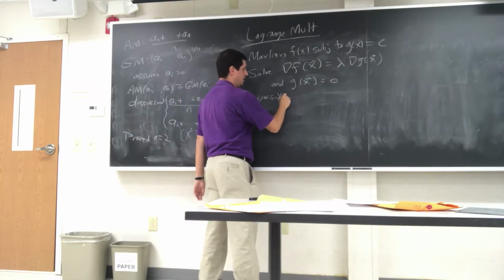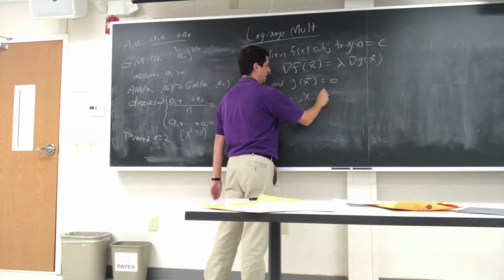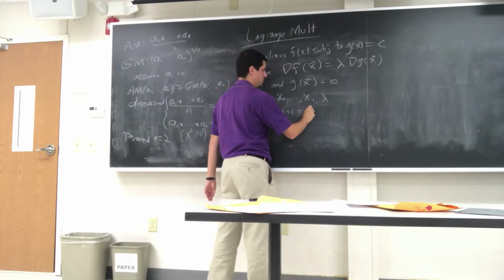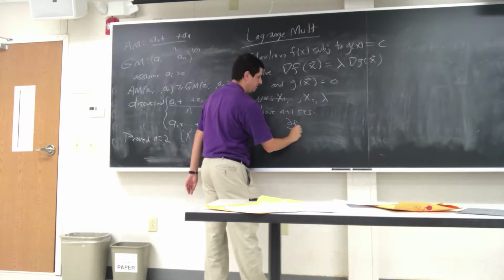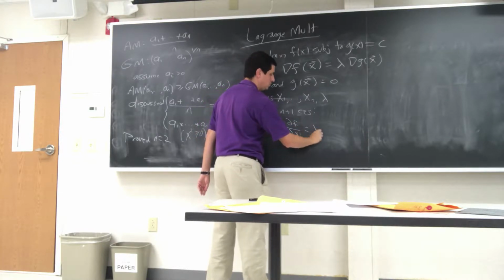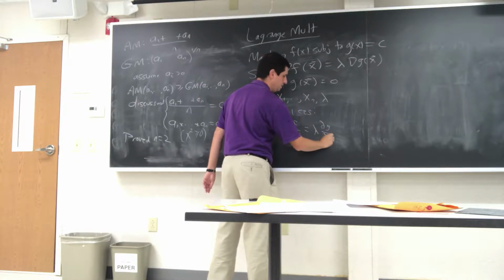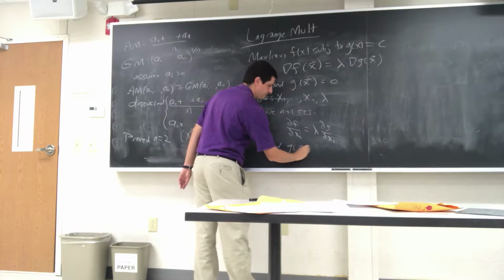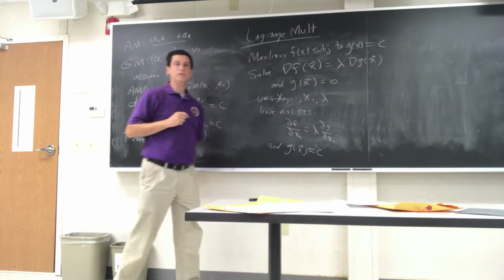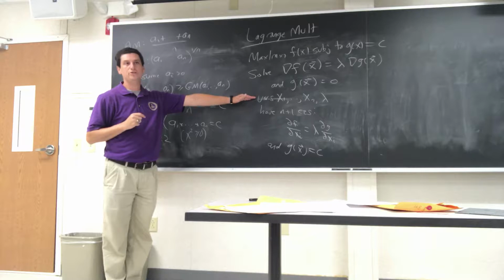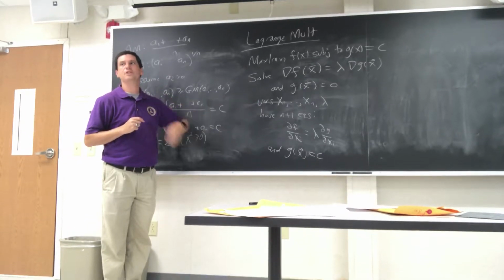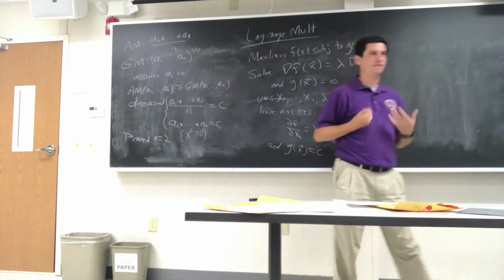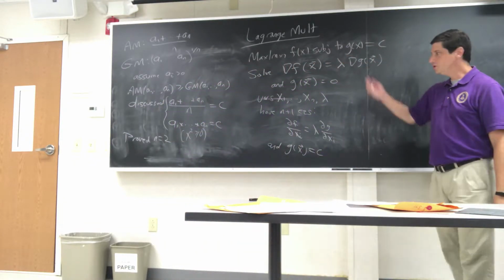The variables are, say, x1 through xn, and lambda, and we have n plus 1 equations. We have df/dxi equals lambda dg/dxi, and then we have g of x equals c. So the idea is we have enough equations for all the variables we have so that there should be a solution. And the hope is that there will only be finitely many solutions, and then you can just check the finitely many solutions. So this is the procedure.